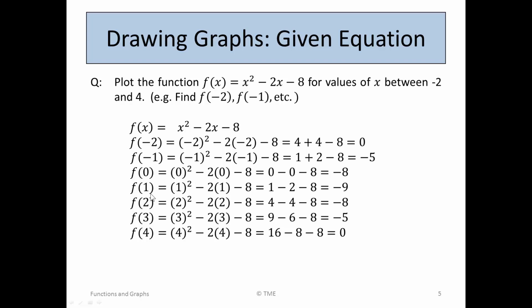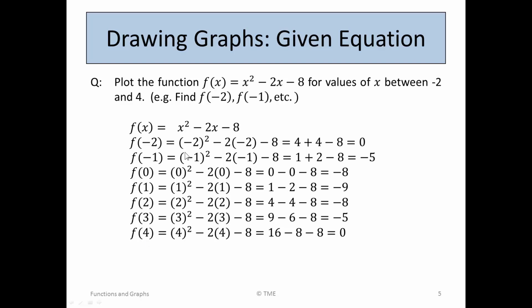And we can continue now for all of the values, going from 0 up to 4. So f of 0 is 0 squared minus 2 times 0 minus 8, or 0 minus 0 minus 8, or minus 8. All the way down to f of 4.